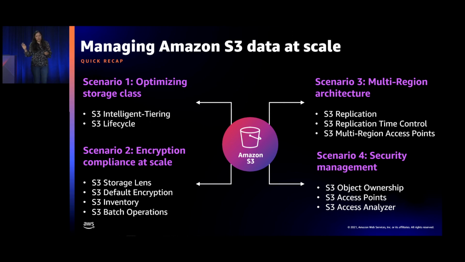Third, we also learned how you can set up multi-region architecture using S3 replication, RTC, and multi-region access points. And lastly, we learned how S3 object ownership, access points, and Access Analyzer can help you simplify security policy management at scale.